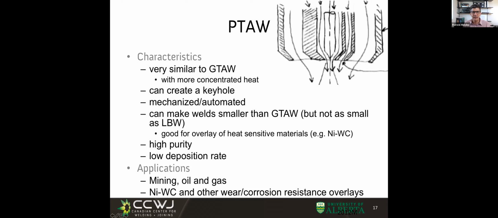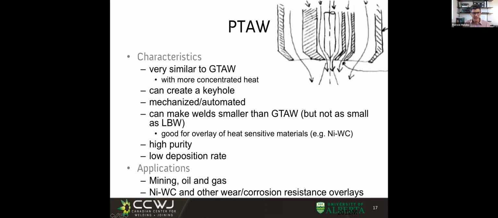They must be mechanized or automated because the arc is too small to be used by hand. You need to move too fast. Can make welds that are smaller than GTAW, but it's not as small as a laser or an electron beam that can make even finer welds.